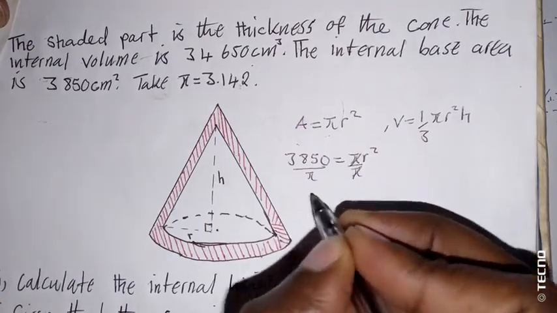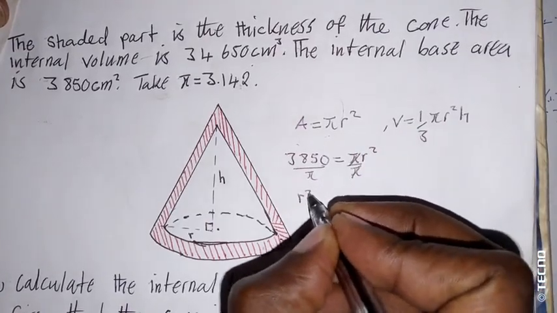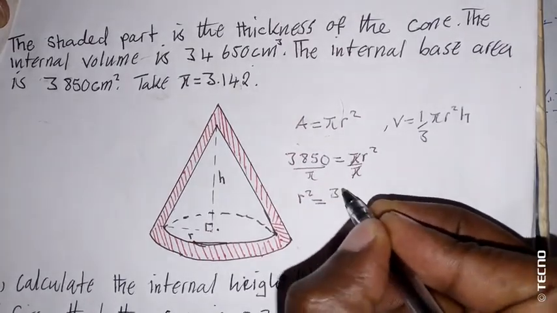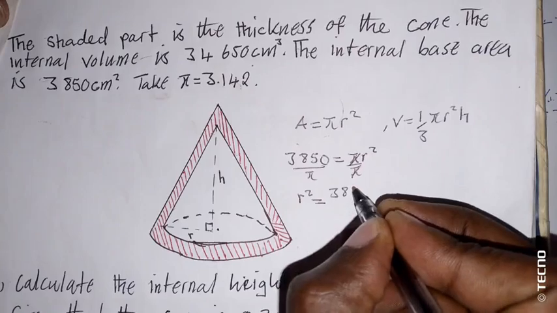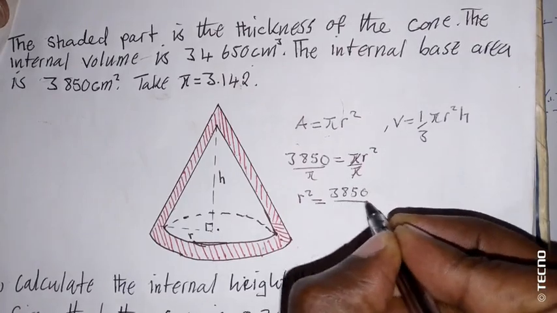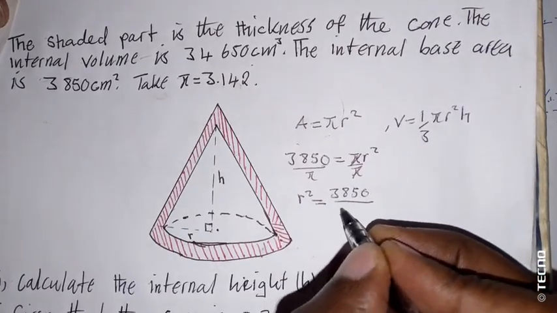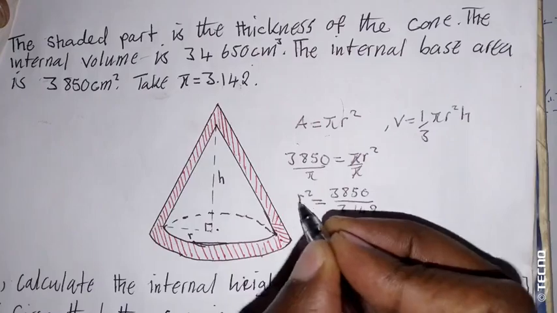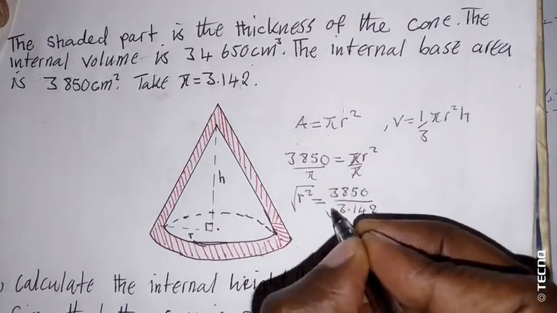So we have r squared is equal to 3,850 over 3.142.